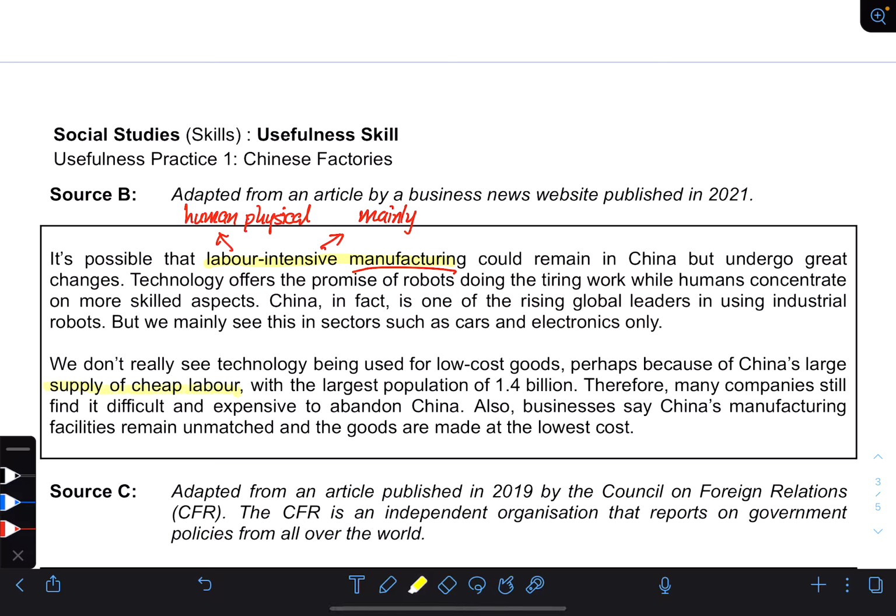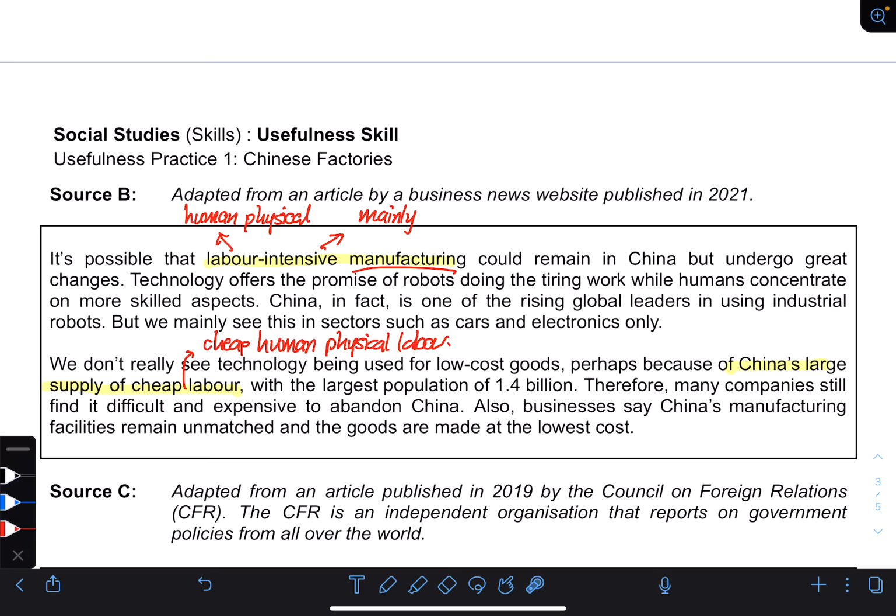Now, what does this mean? China's large supply of cheap labor means that rather than spend money investing in technology, China would rather use cheap human physical labor. Because it costs less to hire a human worker than it costs to invest in a machine.